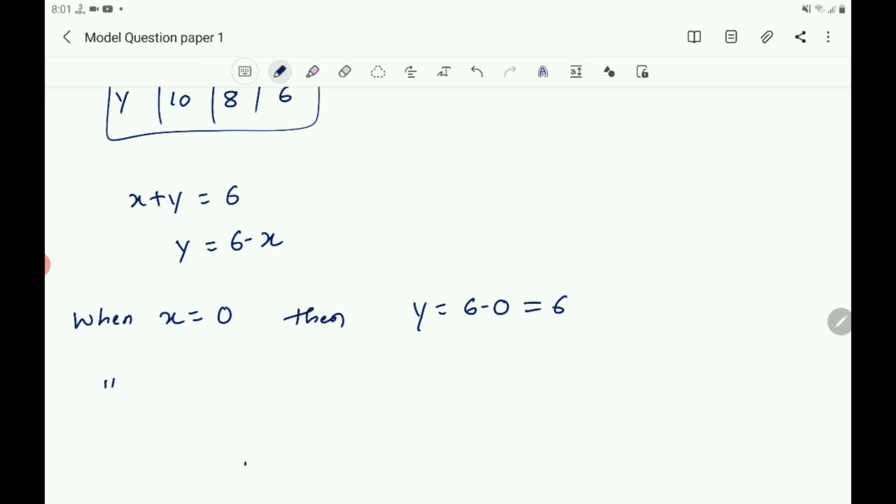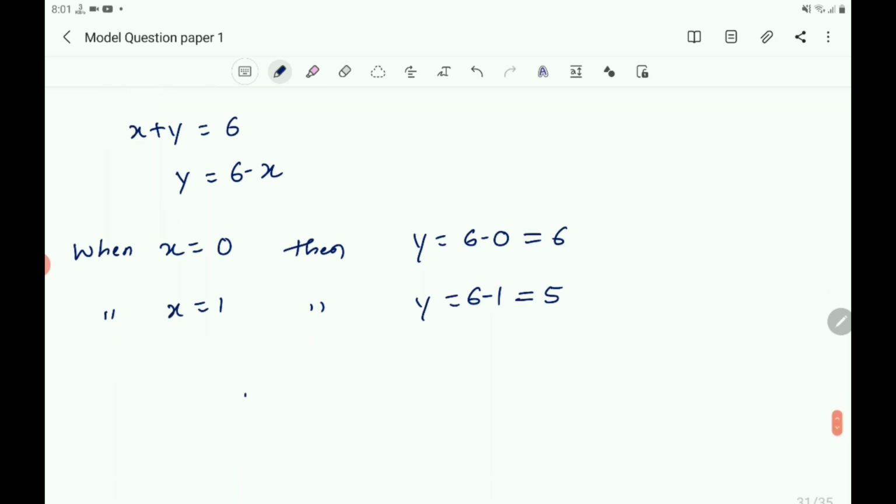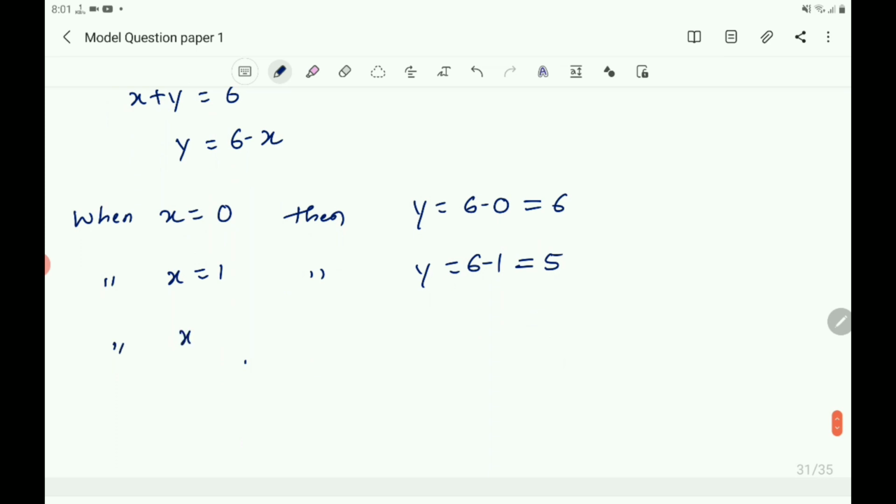When x equals 1, then y equals 6 minus 1, because it is 6 minus x, and in the place of x you have taken 1. So it becomes 6 minus 1 equals 5. When x equals 2, then y equals 6 minus 2 equals 4. So for 0, 1, 2 you got 6, 5, 4.